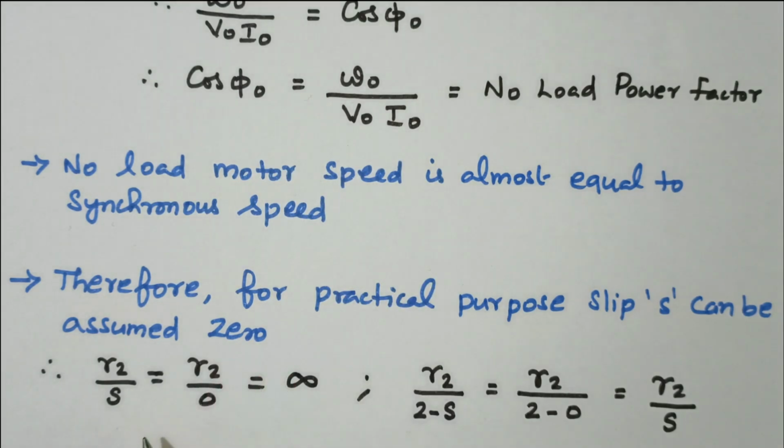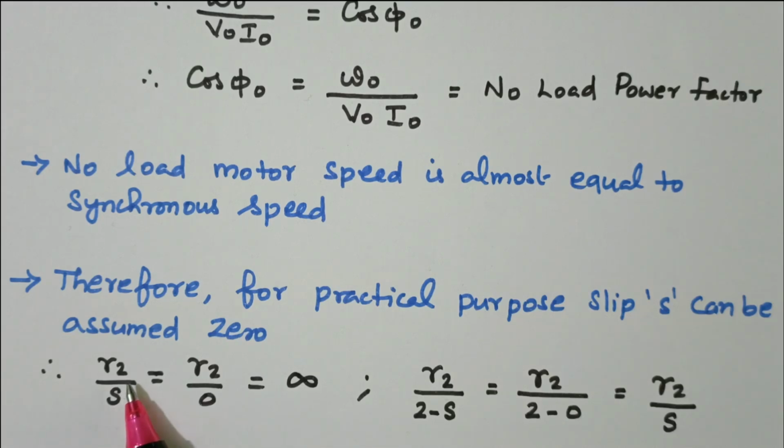We know that there are two rotor circuits available: forward rotor circuit and backward rotor circuit. We are assuming the double field revolving theory in the single phase induction motor. Based on double field revolving theory, the forward rotor circuit and backward rotor circuit are rotating in opposite directions. A separate video is available for the double field revolving theory.